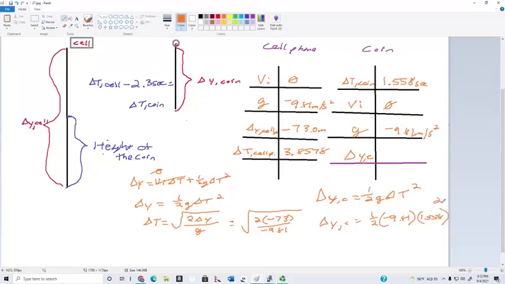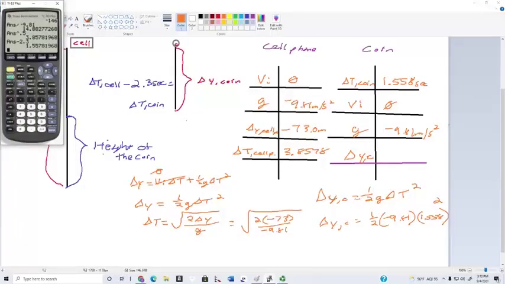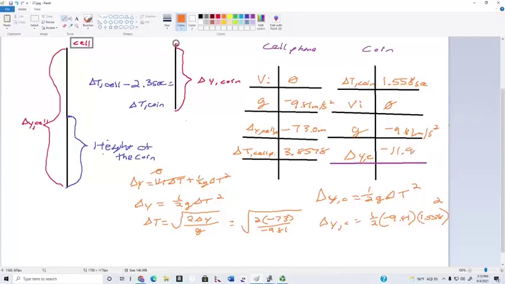Multiplying that out gives negative 11.906. The final answer is going to be the 73 minus that number, but I want to ignore the negative signs.